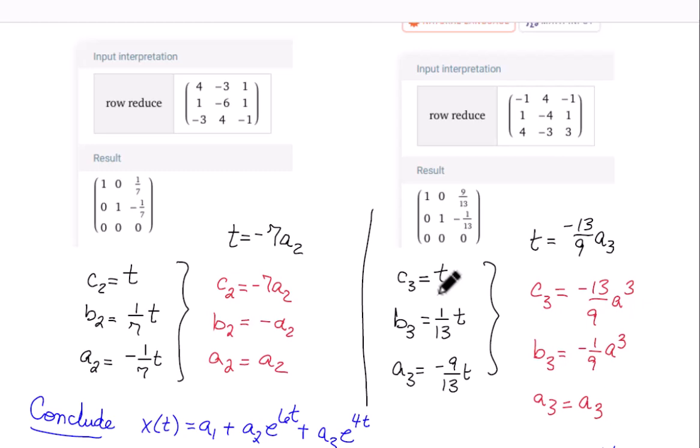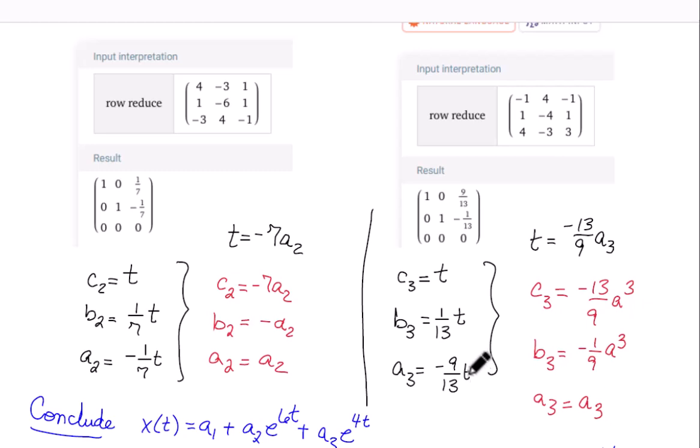Alright, hopefully that's clear. I did the same row reduction on the other one. Game is played the same. Bottom row is all 0's, so we have a linearly dependent solution. I get C3 is T. Moving again, B3 is 1/13 T. And A3 is minus 9/13 T. How do I pick T again?